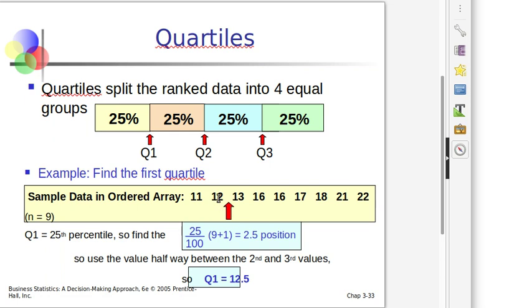The value halfway is between 12 and 13. So you add 12 and 13 and divide it by 2. So the first quartile then is 12.5.